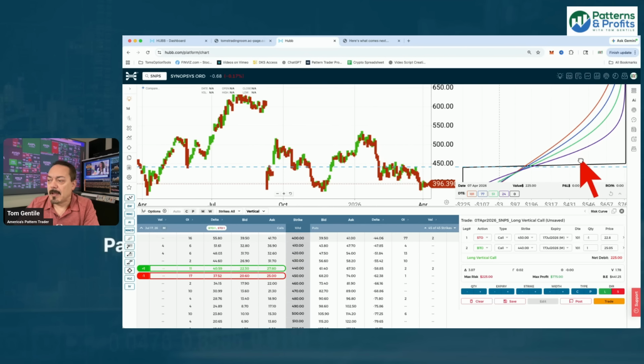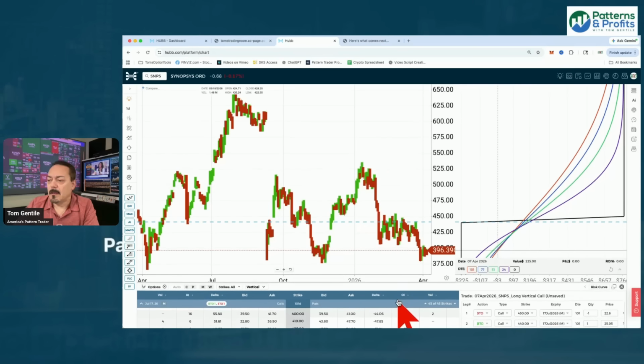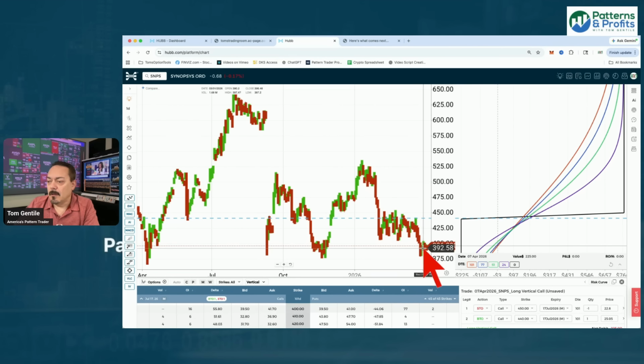And I can look at that maximum risk, and I can look at that maximum profit. I can bring this down and out of the way. And now here, if this trade just goes up to my 450 level, I'm already out here. Anything above that, I've capped, but I've also capped my risk.